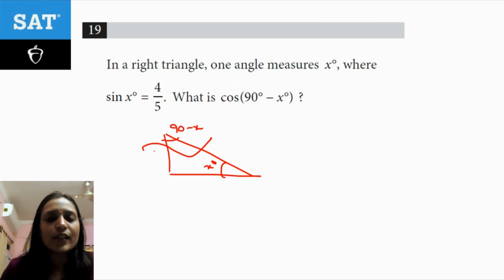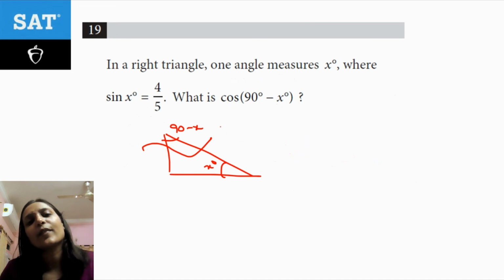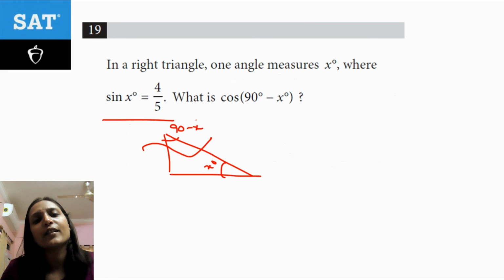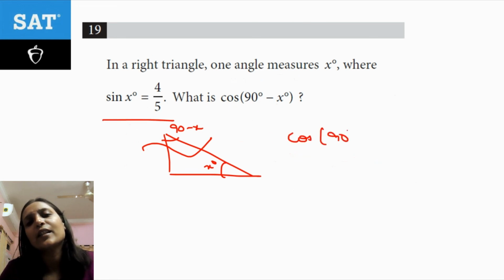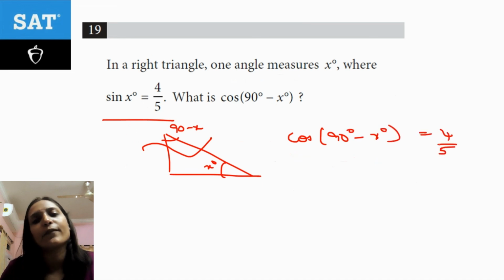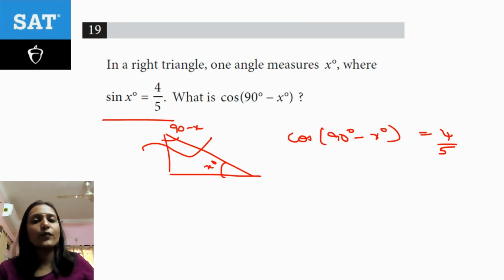So that's interesting that they've asked us the value of cos theta of this. This is nothing but the sine of x, because they're complementary angles. So cos 90 minus x is also going to be 4 by 5 because that's the proportionality of the angle. And complementary angles have the same value for sine and cos.